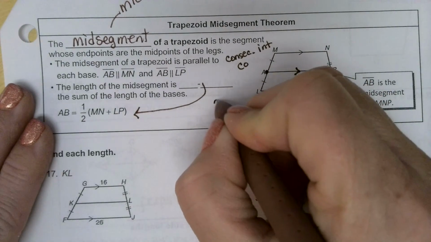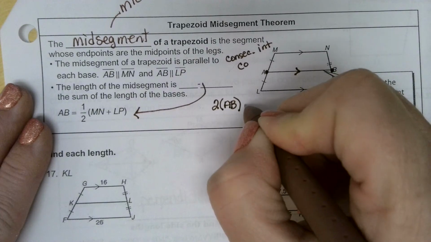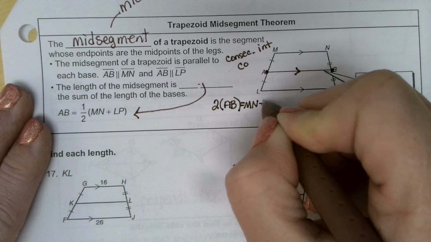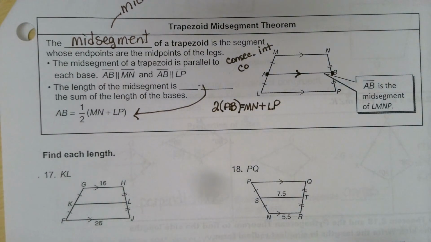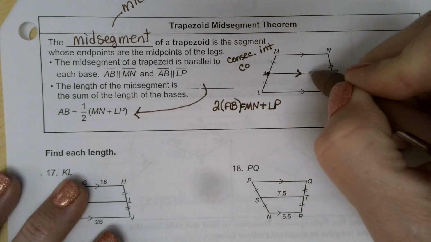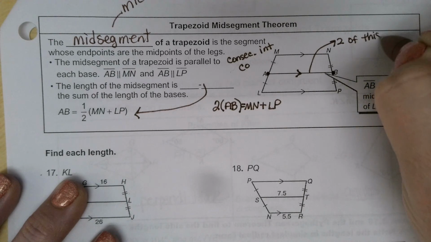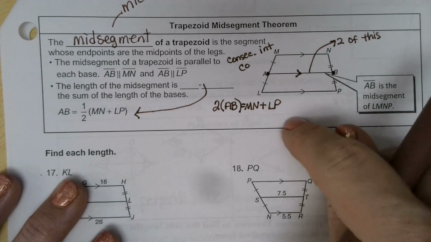Okay, so I'm going to say 2 times AB equals MN plus LP. I like that formula a whole lot better, and you're going to see me do this a lot, and you're going to get used to it, that we need 2 of this to equal the sum of these two segments here and here.